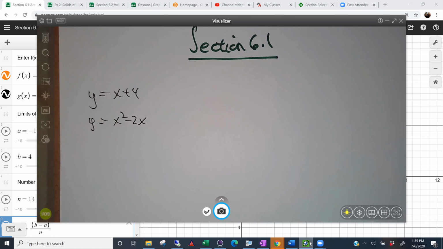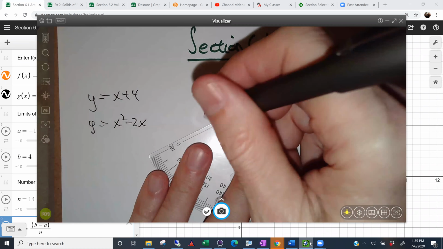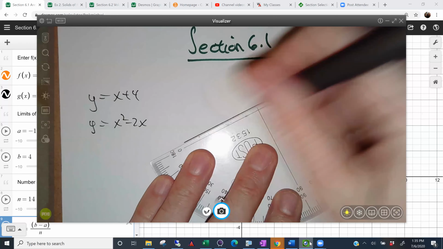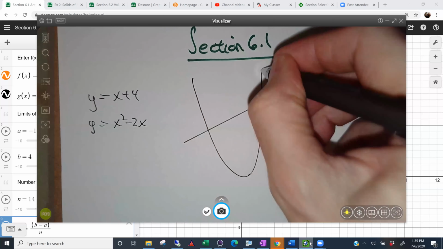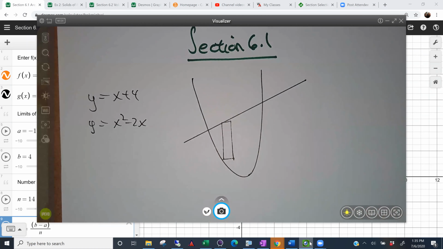Now, when we're trying to find these areas, I typically set up the area between the two curves, or ask you to find the area between those two curves, by looking at the area of one rectangle first. So let's figure out the area of that one rectangle.